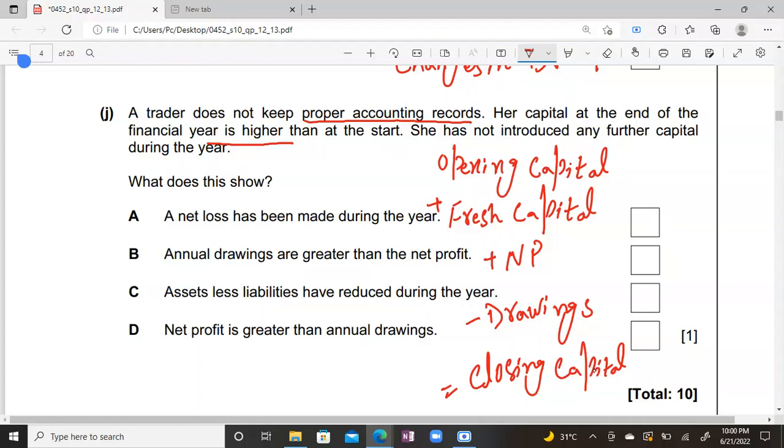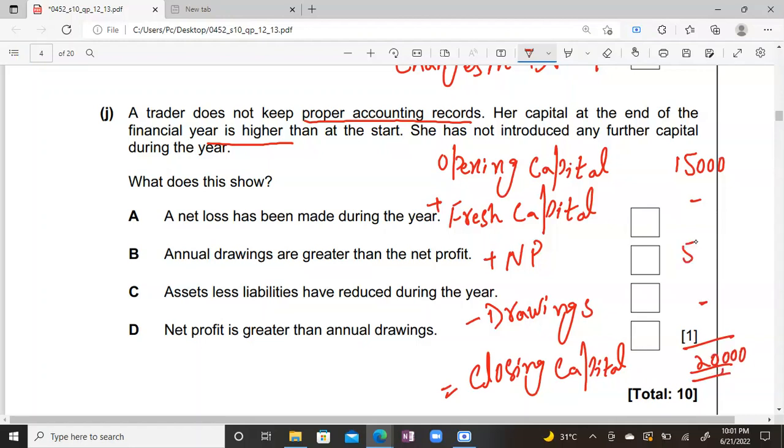So it means that the closing capital is higher. So no fresh capital. Let's assume that the opening capital is 15,000. There is no fresh capital, so dash. There are no drawings, so I am just putting a dash at the moment. And the closing capital is greater than the opening capital, let's say 20,000.